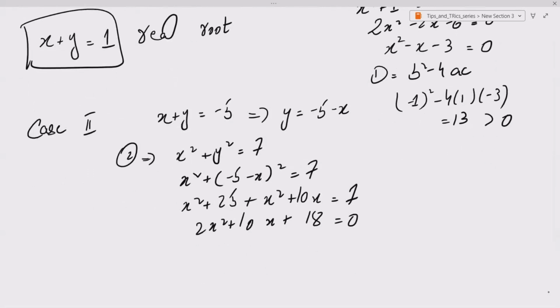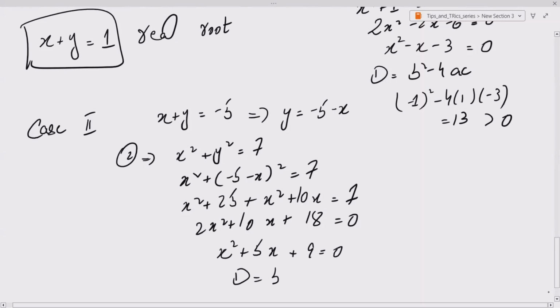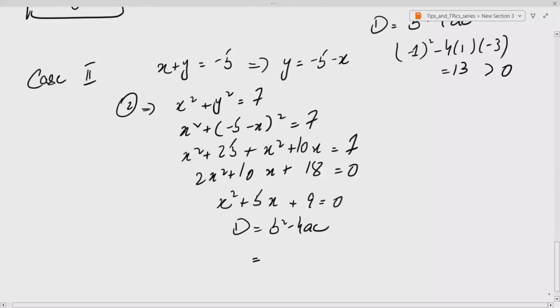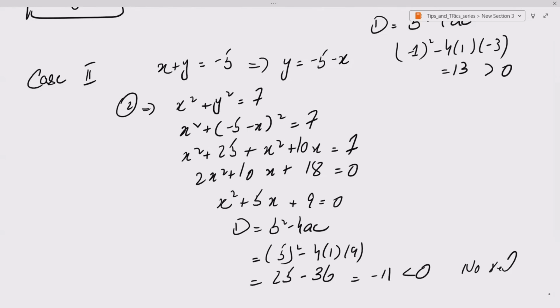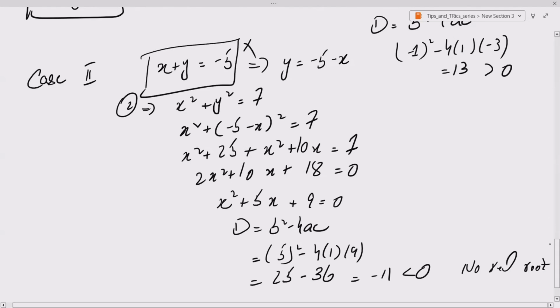Taking 2 common, x square plus 5x plus 9 equals 0. Again we calculate b square minus 4ac: 5 square minus 4 times 1 times 9, so 25 minus 36, which is minus 11, less than 0, so no real roots. It gives complex roots, so x plus y equals minus 5 is not the answer for us.